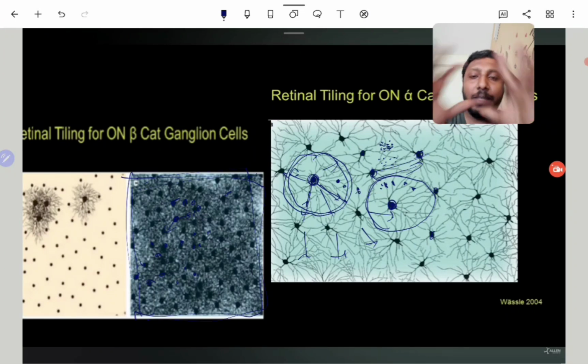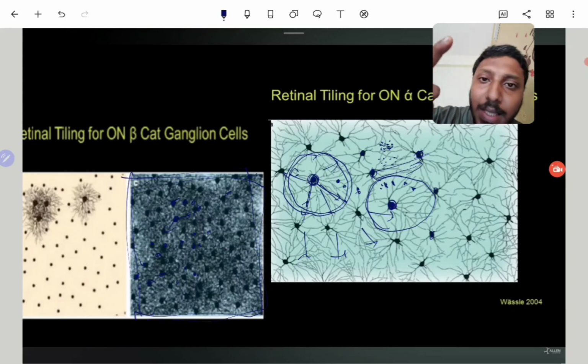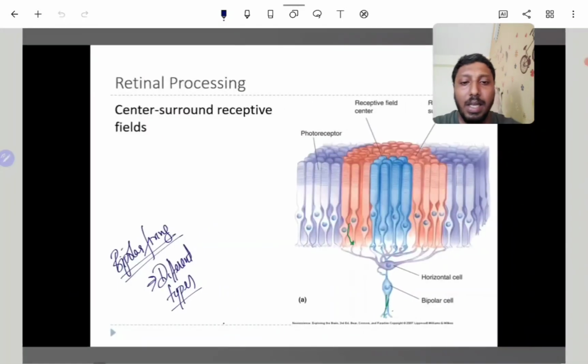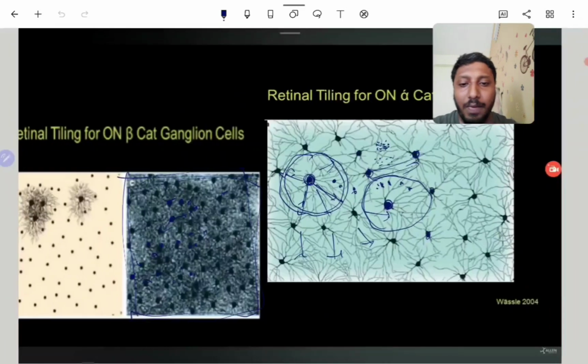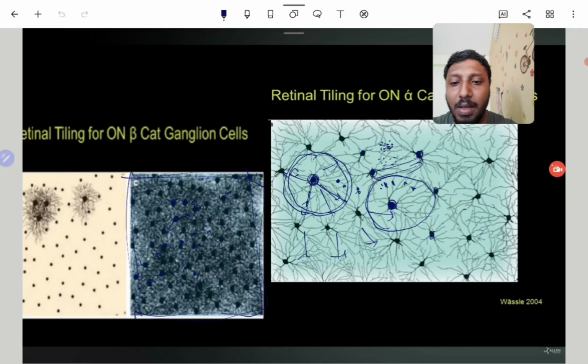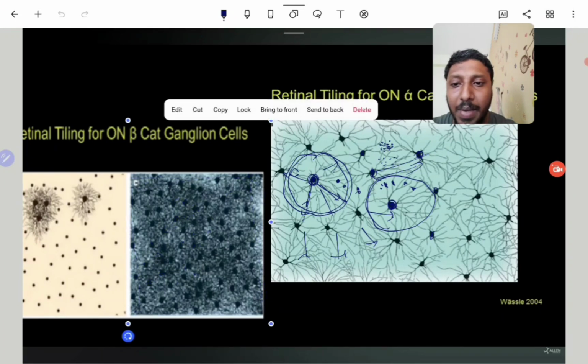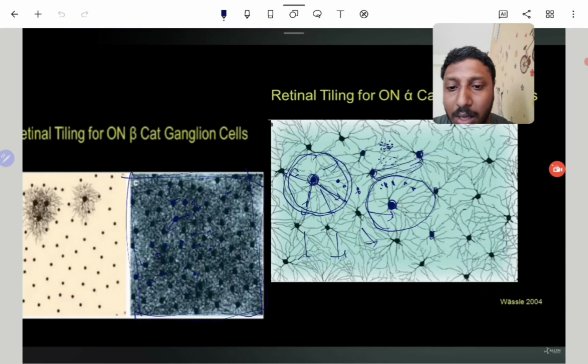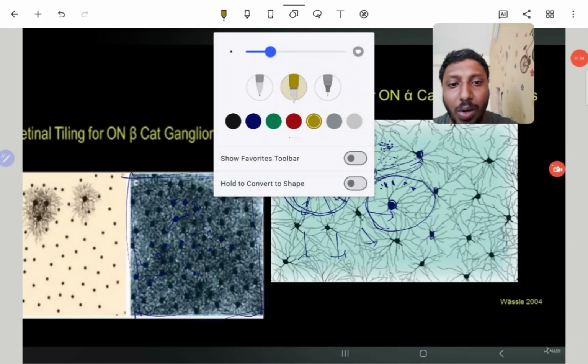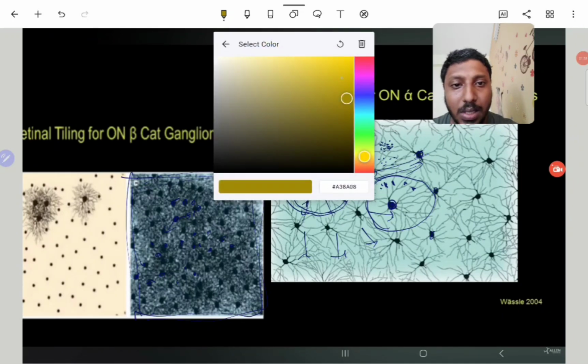In fact, each part of the retina has color sensitive cells, direction sensitive cells, edge detecting cells. Everything is tiled, like if you take an area of the retina, here will be the closely packed cells, and if you take another color and try to draw, you can understand that, I guess.